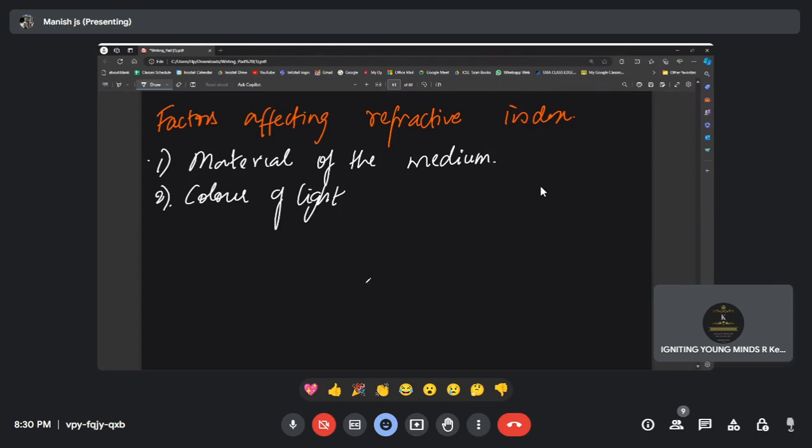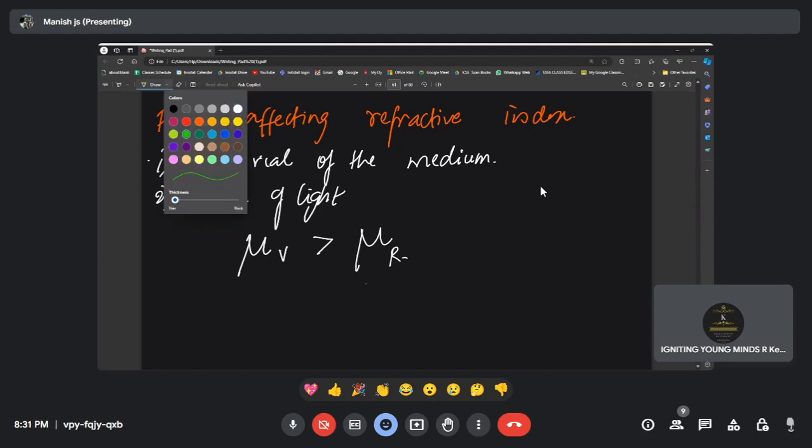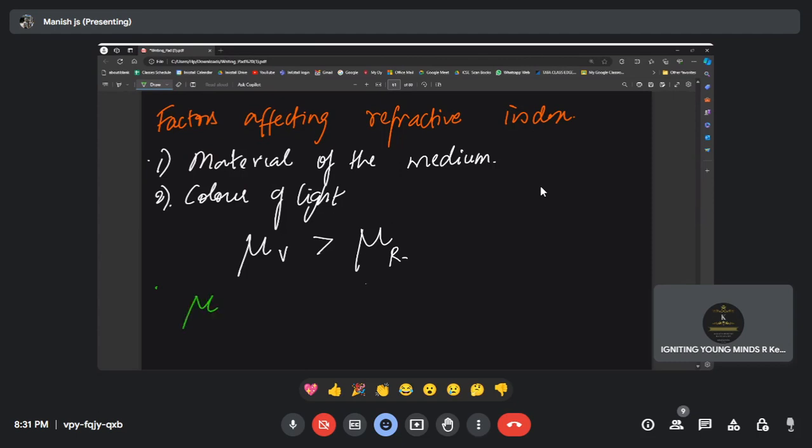Okay, so it depends on the color of light as well. So color of light is also one more criterion on which refractive index would depend. So the refractive index of violet would be greater than the refractive index of red color. Okay, it is totally dependent because it is based on the frequency and wavelength as well. So when you write down the relationships for different colors, the refractive index of violet is greater than that of indigo, and so on and so forth.